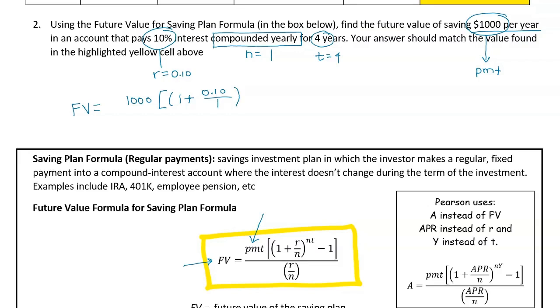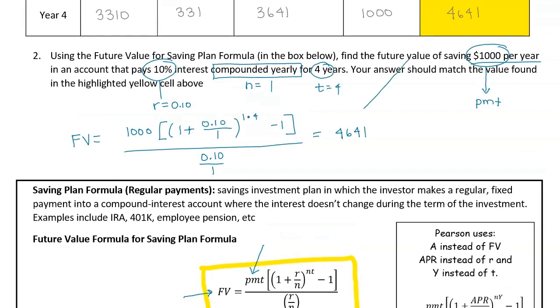This will all be raised to the 1 times 4, minus 1, all divided by the rate over the number of compoundings. When you put this into your calculator, you should get $4,641, which exactly matches what we did when we were using the table.